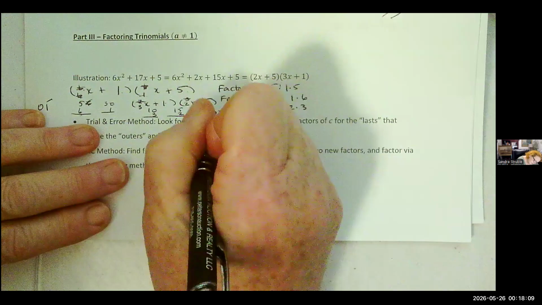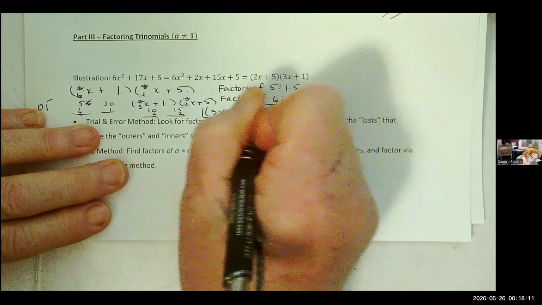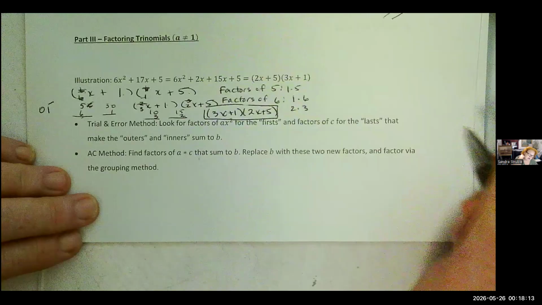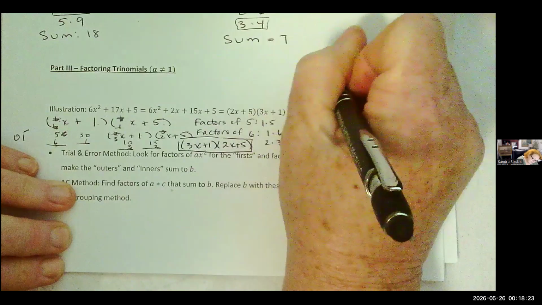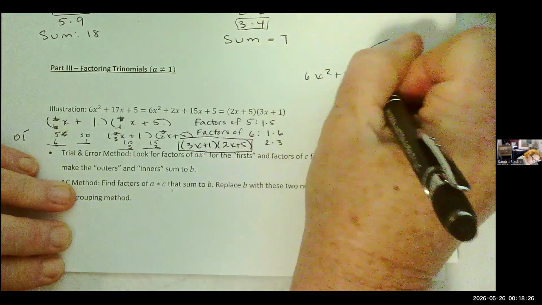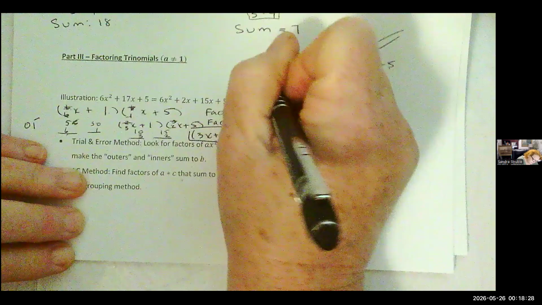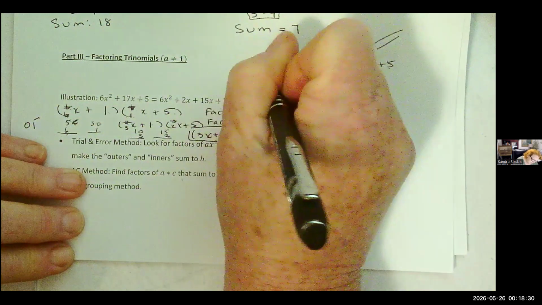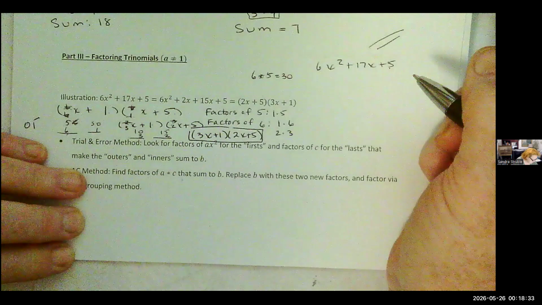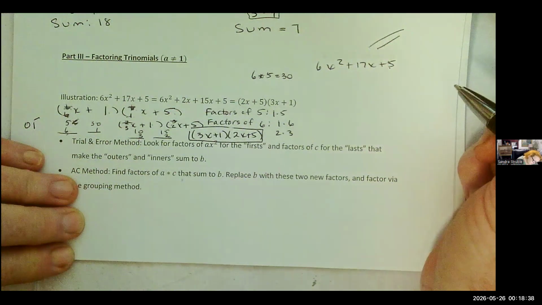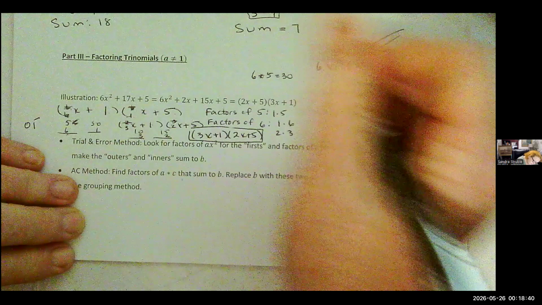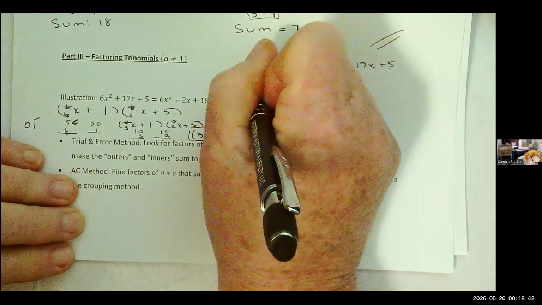The other method is the AC method. And that's where you find the factors of A times C. So looking at 6x squared plus 17x plus 5, 6 times 5 is 30. Okay. What are the factors of 30? Well, let's write it down. Factors of 30.